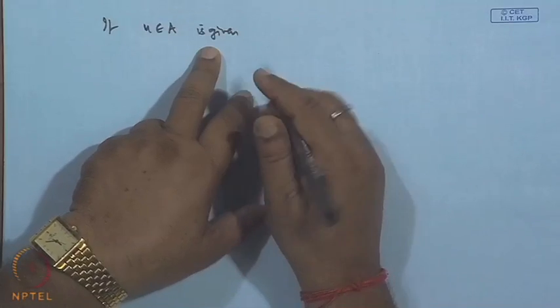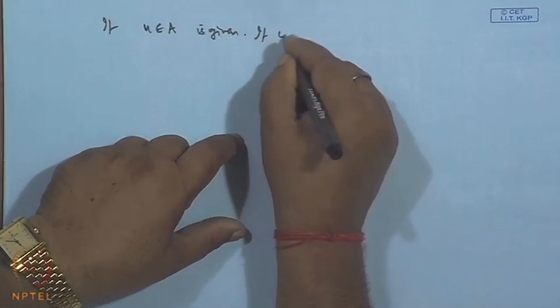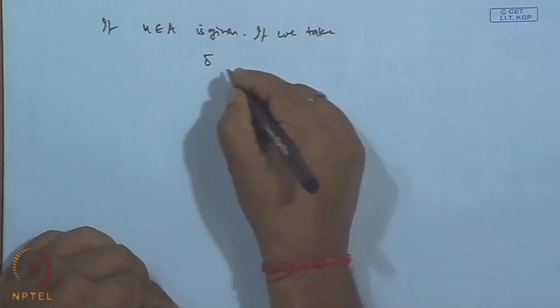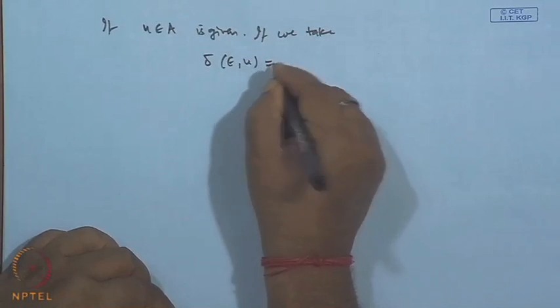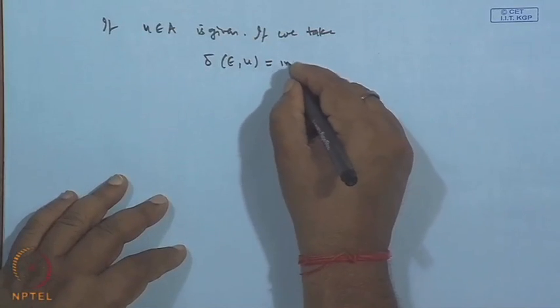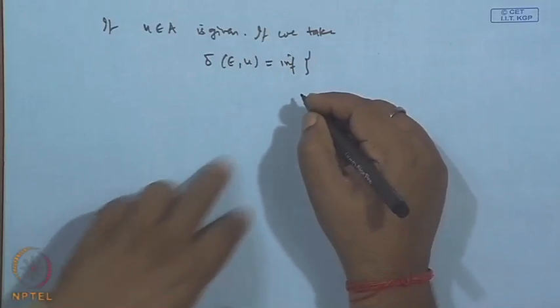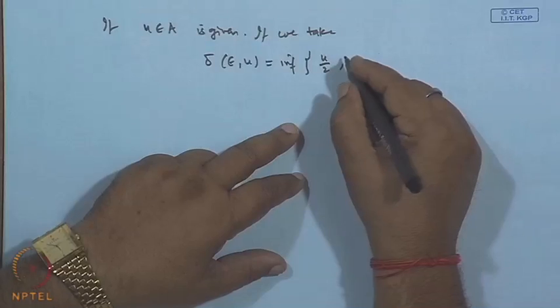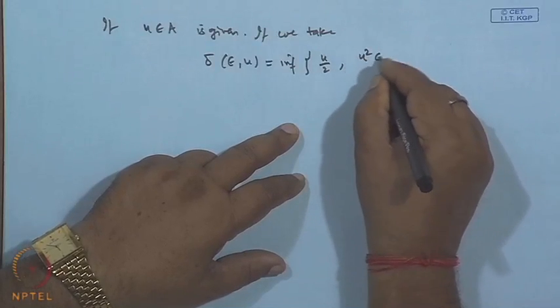If we take delta, which depends on u, as the infimum of u/2 and u square epsilon/2.